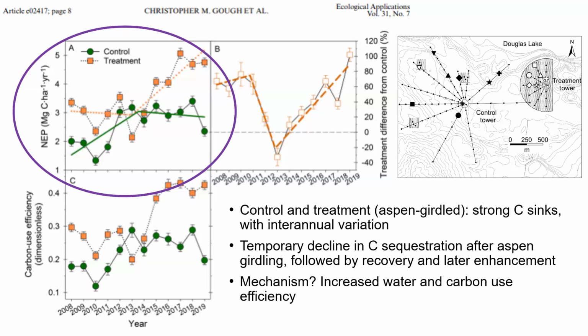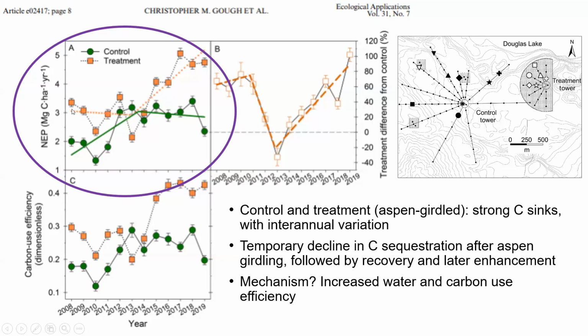Unclear why, maybe some difference in soils or proximity to Douglas Lake and its influence on the microclimate. But we knew even before we conducted the manipulation that this treatment area where the aspens were going to be girdled was somehow a little more productive. And basically the two stands tracked each other for several years.